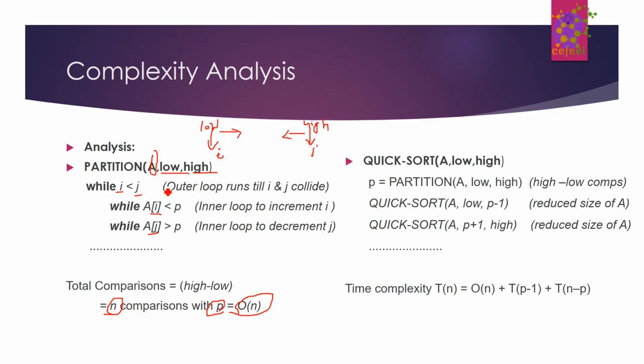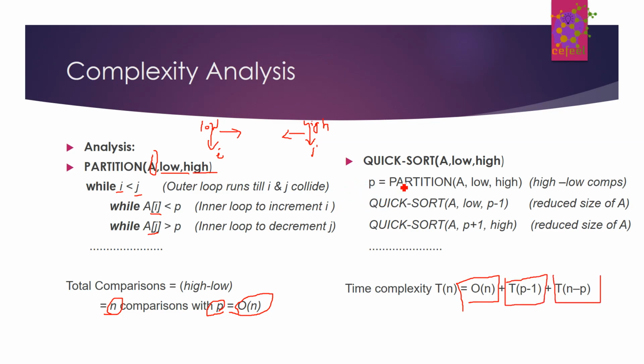So in this case, what is the time complexity? Now this is a recursive algorithm, so for a recursive algorithm we can write a recurrence relation and then compute the time complexity. So let's say T(n) is the time complexity of the original algorithm, then the total time complexity is order n, this is for the partition, plus T(p minus 1) plus T(n minus p).